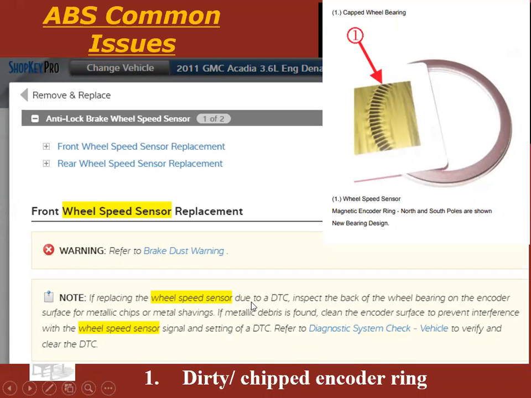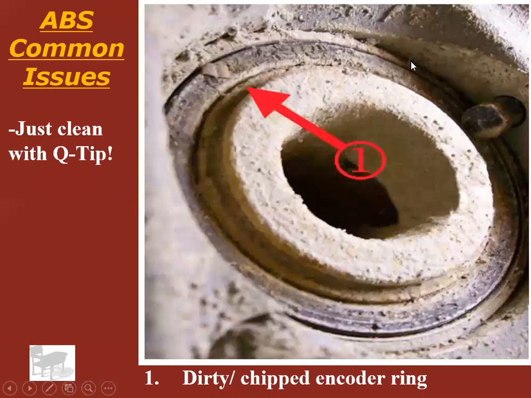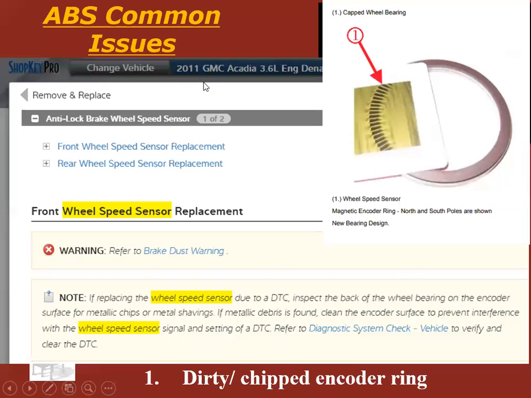If you're replacing the wheel speed sensor due to a trouble code, make sure you check the encoder ring for metallic chips. Make sure you do that check first to make sure it's not dirty. That's how common that problem is. And I threw this up here because it's kind of neat. It shows the north and south poles of the magnets inside here that actually cause the attraction of metal.